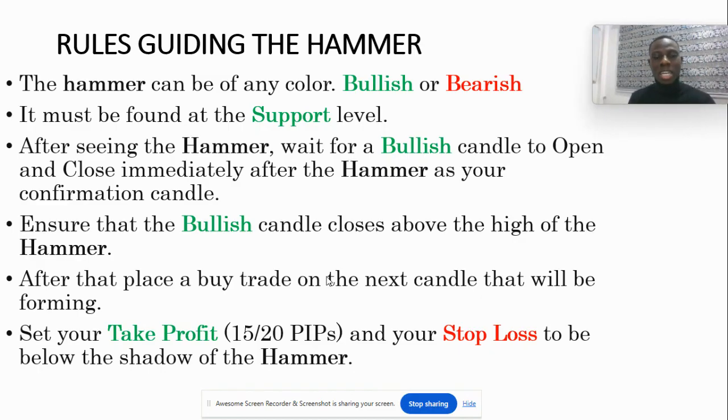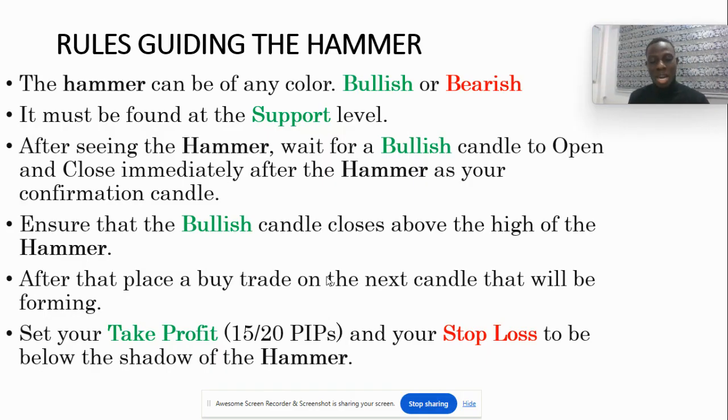But please understand this: a hammer is a signal, not just your confirmation. A hammer is just a trading signal telling you that there is going to be a potential upside movement after price has fallen. So anytime price falls and you see the shape of a hammer at the support, what it means is that there is going to be a potential reversal to the upside.